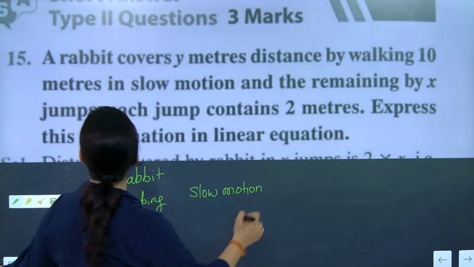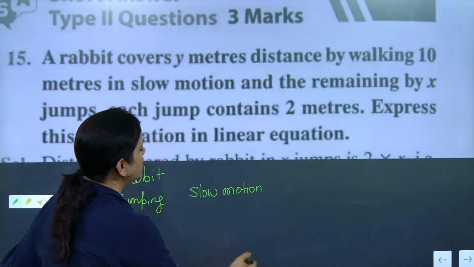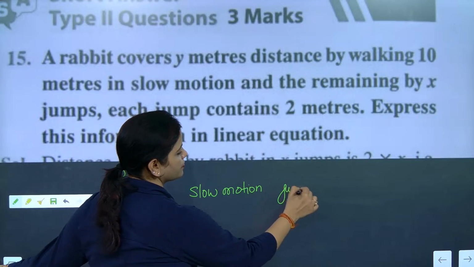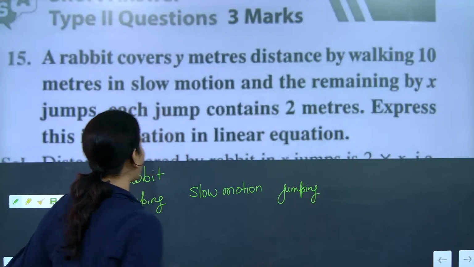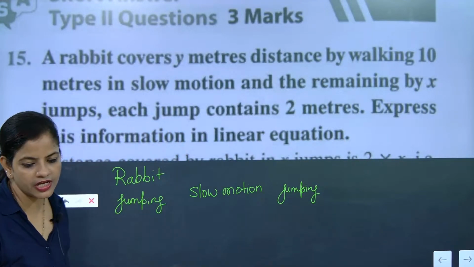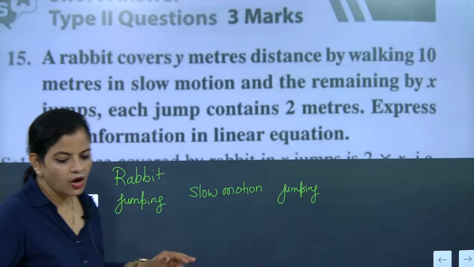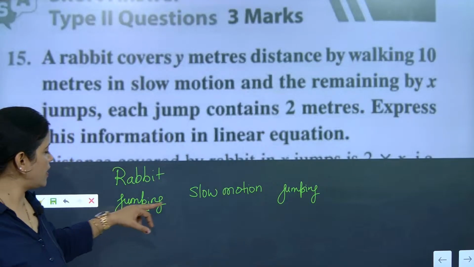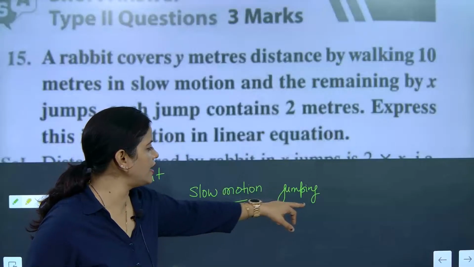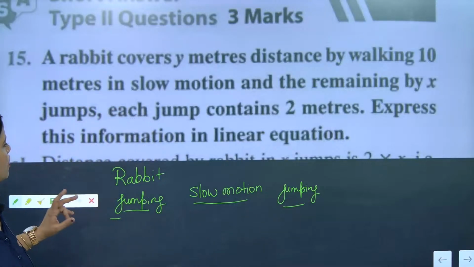And then remaining by after that slow motion and remaining by jumping. So, the rabbit is doing all the 3 activities to cover some distance. All the 3 activities: jumping, slow motion, and walking also is there, na?